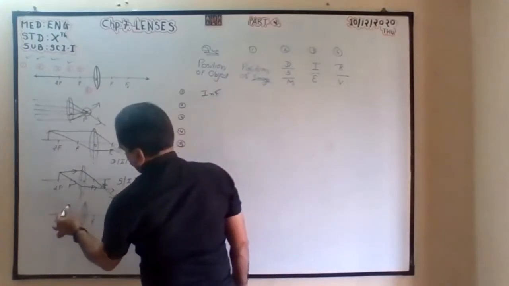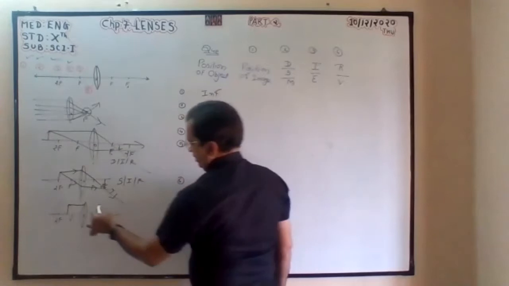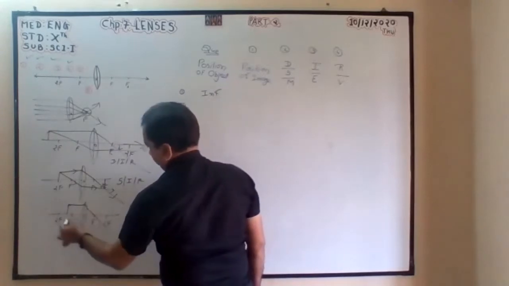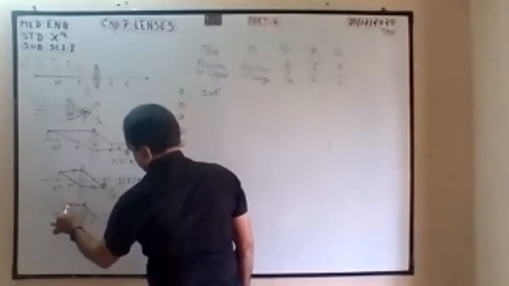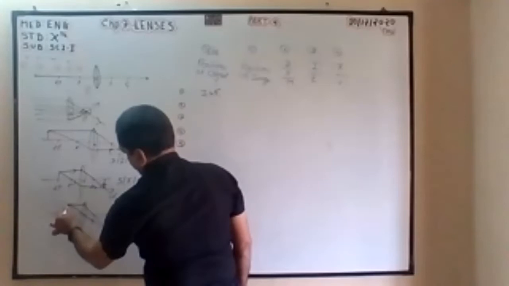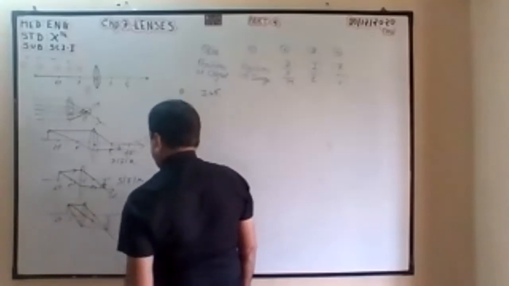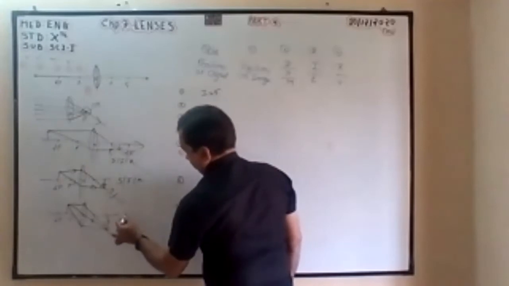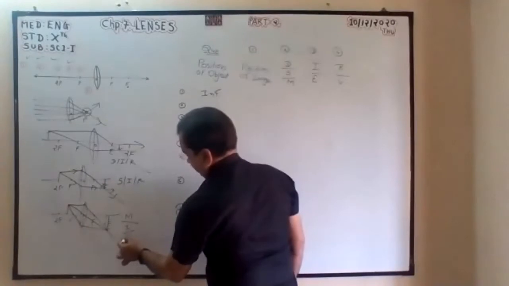This is just a revision. In between F and 2F, draw parallel, pass through F, or directly from A you can take, or from F and parallel. So it is magnified, larger, inverted. Inverted means real.